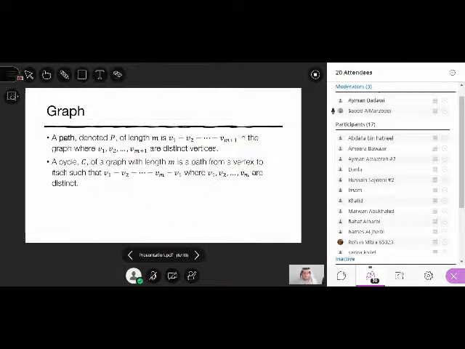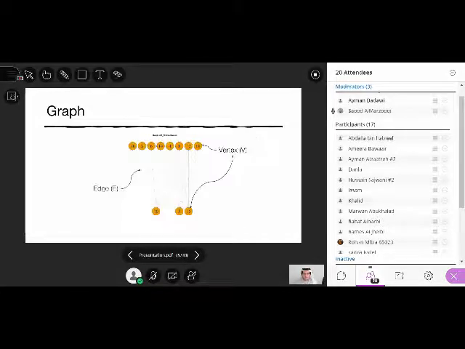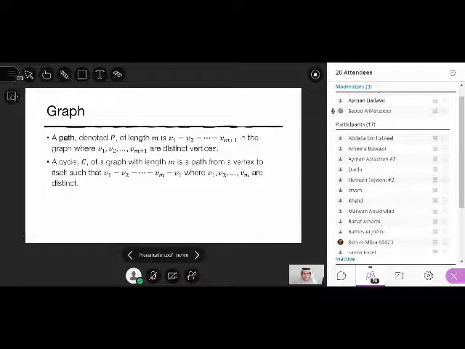Now, a path in a graph, denoted by capital P, of length m, is when you have m plus one distinct vertices, those little dots, and there is a way from the first vertex to the last vertex such that it doesn't cross a vertex twice.